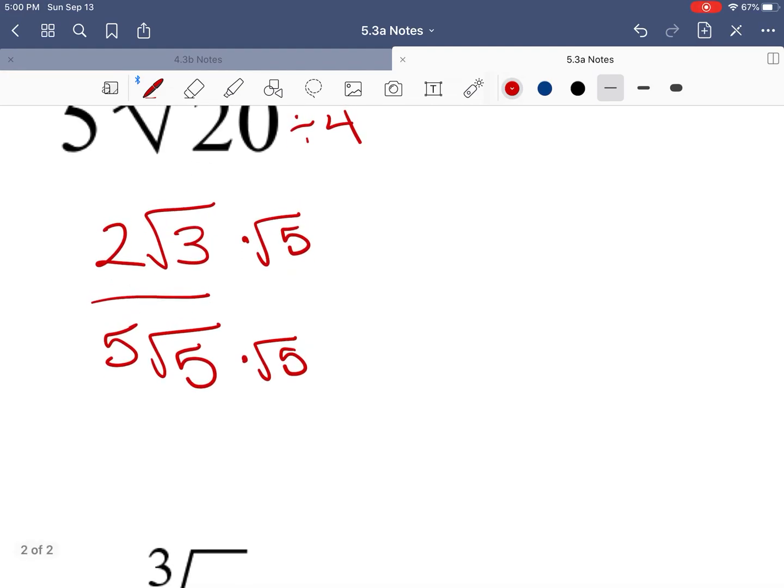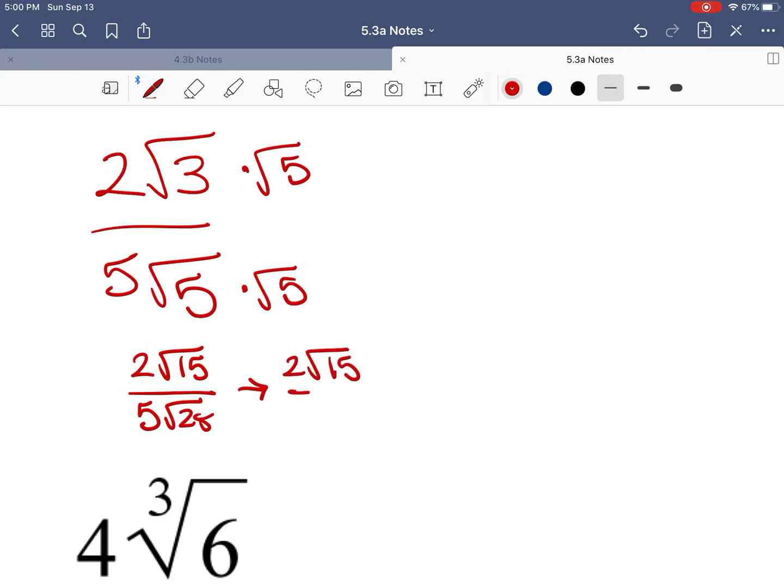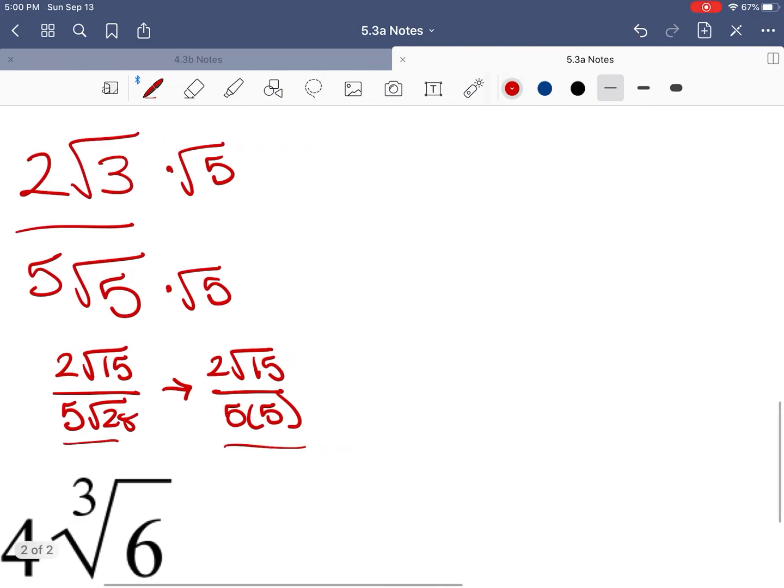Again, coefficients with coefficients, radicals with radicals. In my numerator, I'm going to end up with 2 root 15 over 5 times root of 25. You could skip this step and end up with 2 root of 15 over 5 times 5 right away. I don't care which step you go to; both are acceptable.